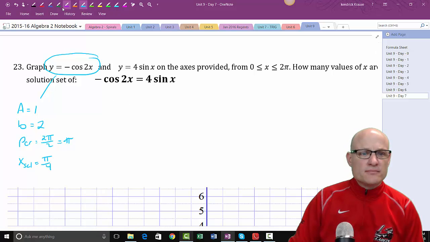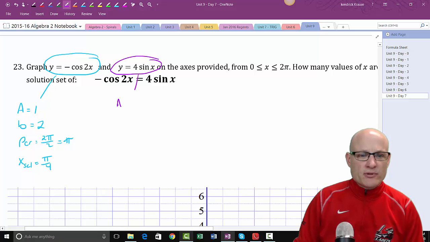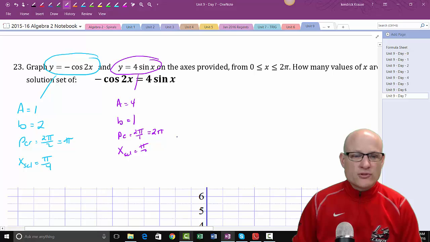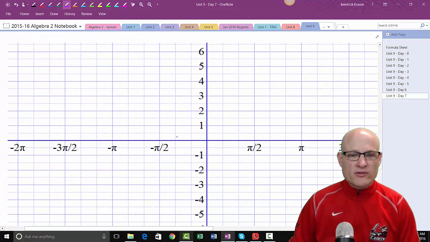This one, my amplitude is 4, my b value is 1, my period is 2 pi over 1, which is just 2 pi, and my x scale is pi over 2. So I got to use pi over 4 as my scale.